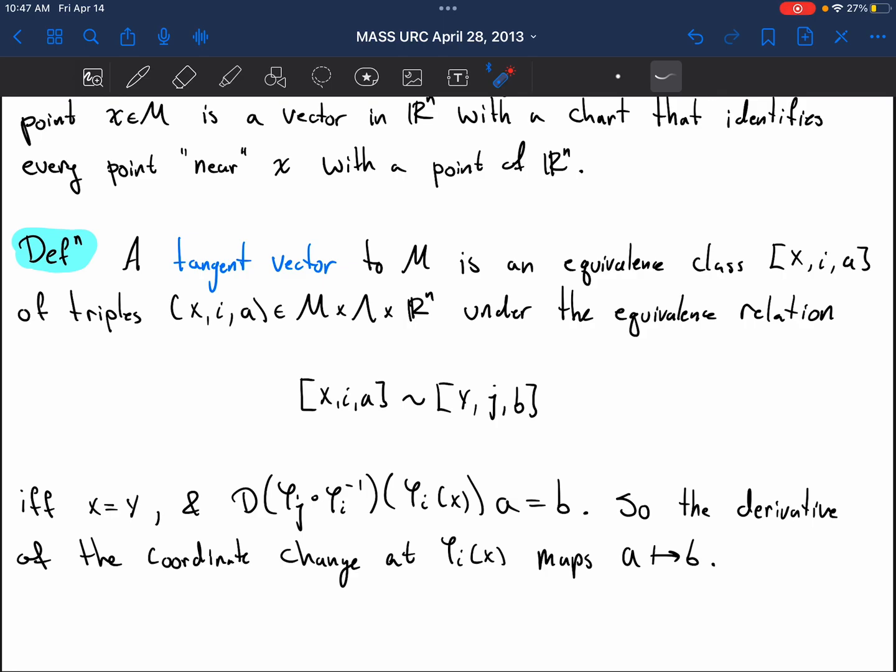So there's going to be a picture, but basically if you differentiate the coordinate change and evaluate at this, then if you send a to b, these are equivalent. And of course, this notion makes sense because this is happening between R^n and R^k, for example. Well, actually, it's happening just in R^n, so you only need one Jacobian.